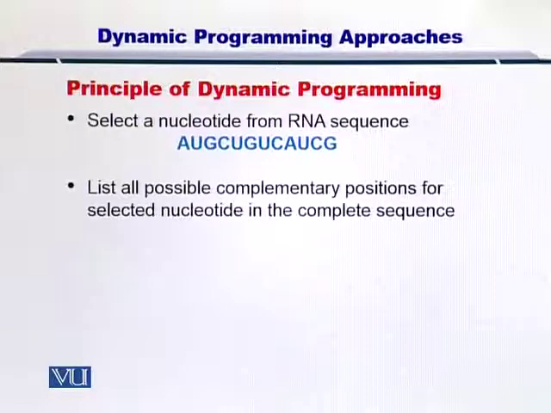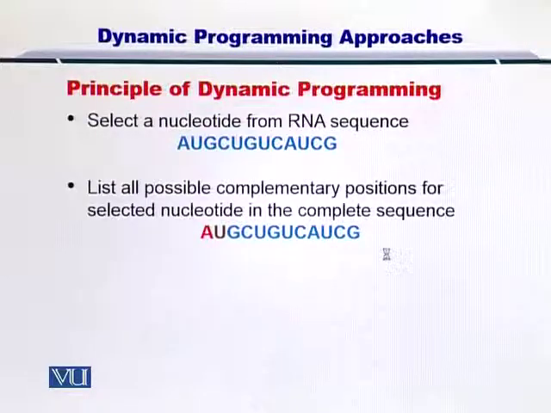In dynamic programming, we begin by listing all possible complementary positions for selected nucleotide in the complete sequence. So let's take a look. So in the example that we are discussing, the first 2 nucleotides can of course form a hydrogen bond.